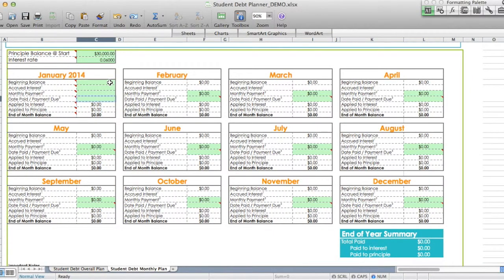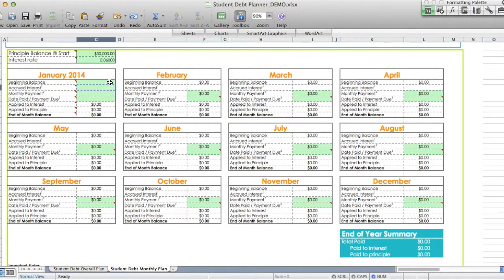All right, so let's get started tracking on a monthly basis. I set up the spreadsheet so that January was the starting month. I highlighted in green the cells that I encourage you to edit on a monthly basis, or at least pay particular attention to. For January, we need a starting point, so I need you to enter in your beginning balance.